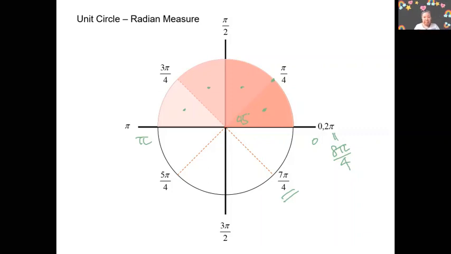So radian measure has its own benefits. You can see all these fractions over the unit circle, and it's faster and easier for you guys to recognize what fraction of 2 pi or what fraction of pi can be measured as a radian angle, right?